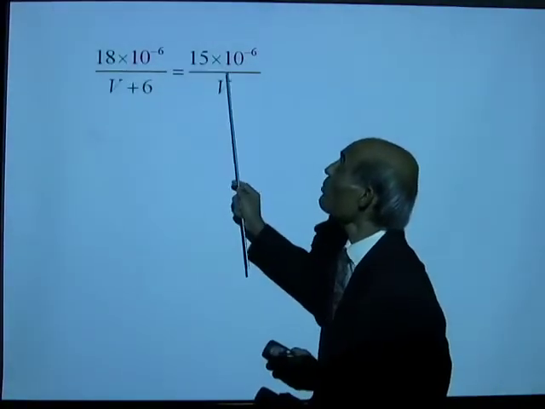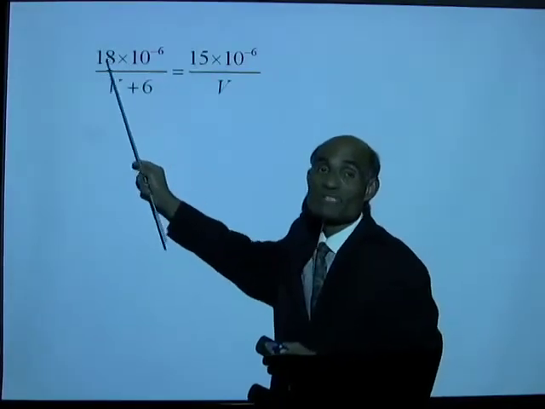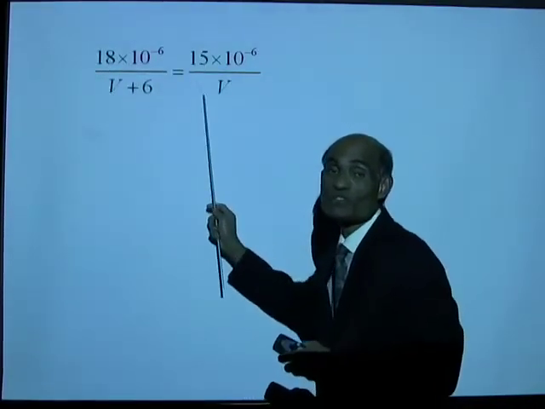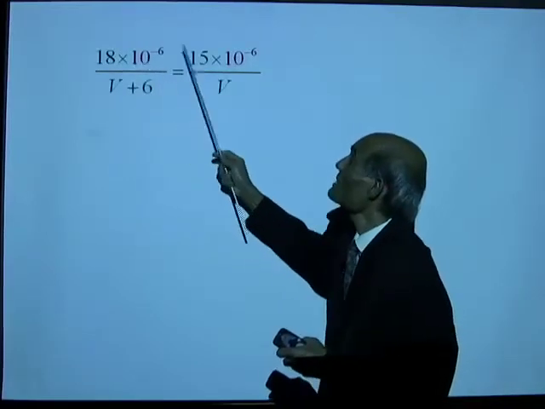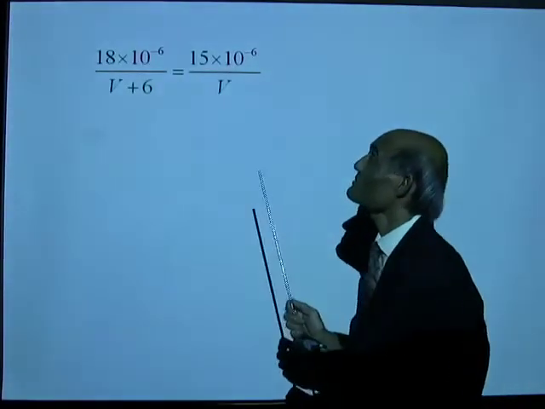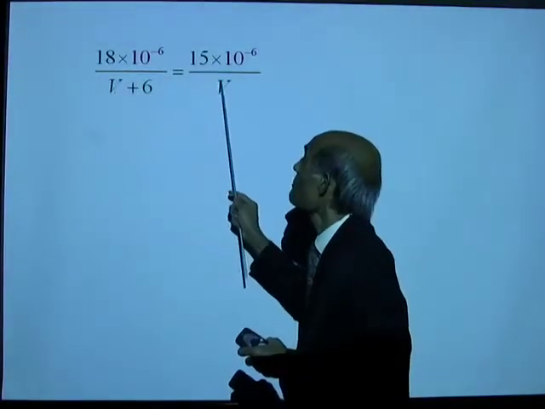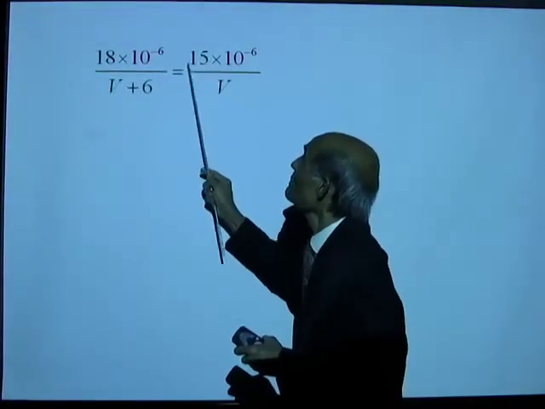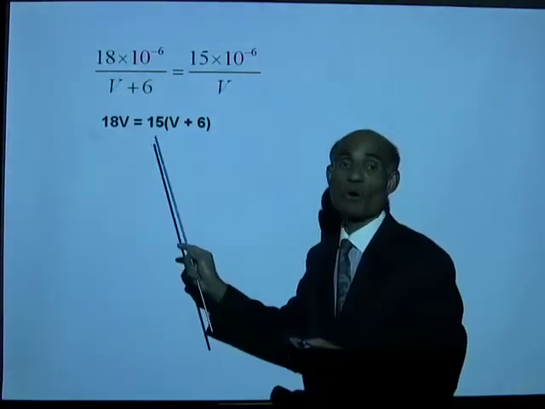So equate the two quantities. Is that right? This is C in the second part. This is C in the first part. When you equate them, 10 to the negative 6 and 10 to the negative 6 will cancel. That means 18 multiplied by V equal to 15 multiplied by V plus 6. There you are.